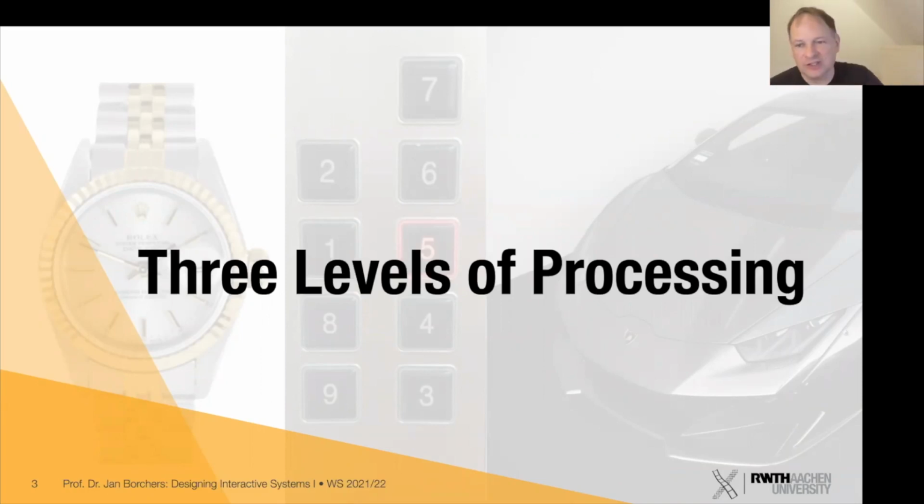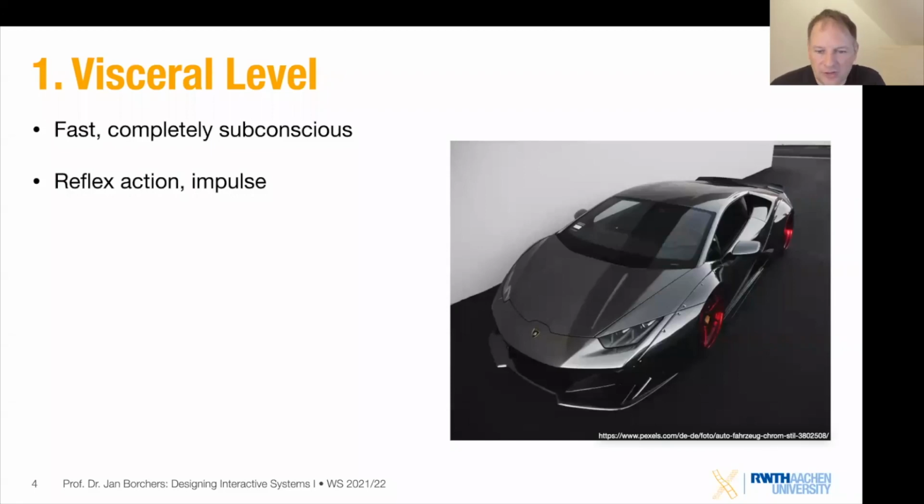But we have to acknowledge that this is going on, and we need to at least be aware of it. So these three levels of processing are three levels at which you are looking at an object and making up your mind whether you kind of like it or not, to put it simply. And let's start at the very, very bottom level, the visceral level.